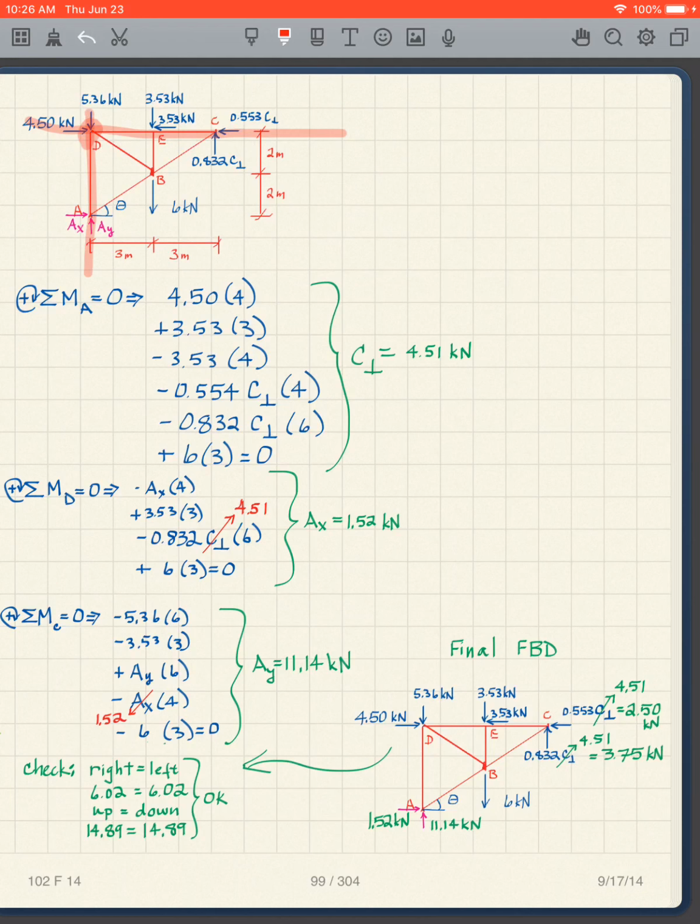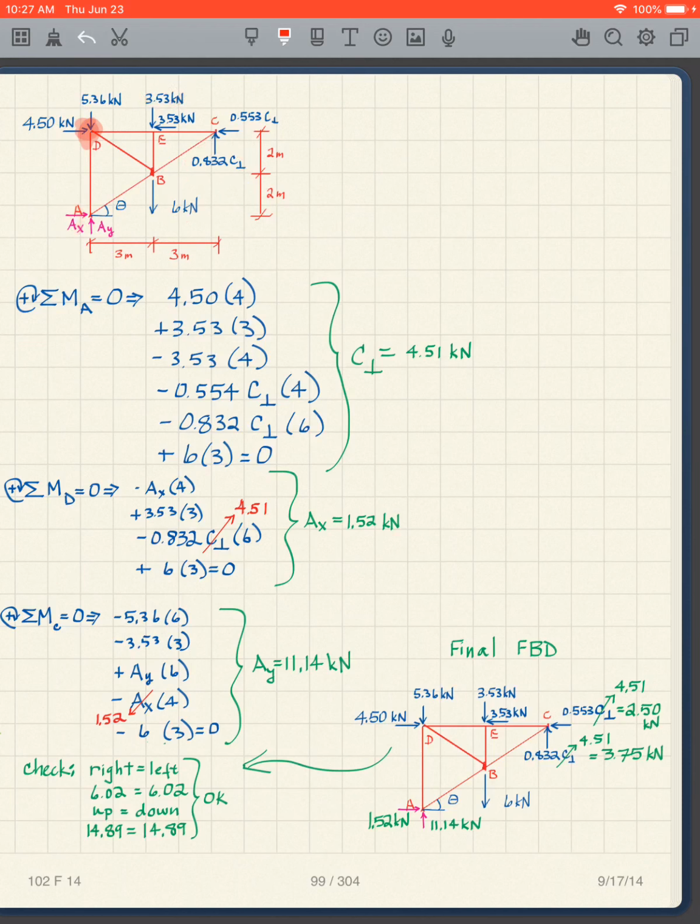Okay, so if I take moments about point D, in my equation I'll have AX, I'll have this 3.53, I'll have this one, and I'll have the 6. So I'm only going to have 4 terms in my equation.